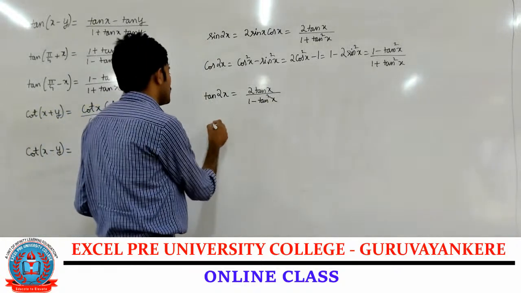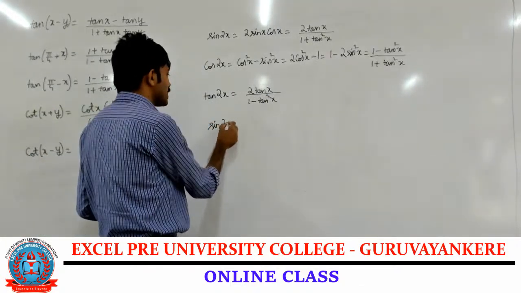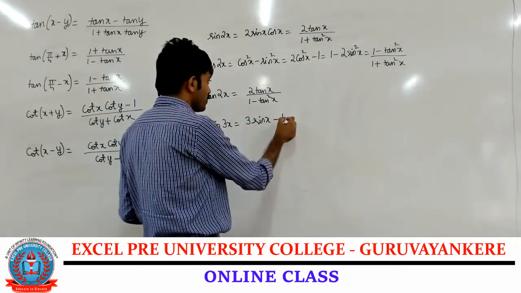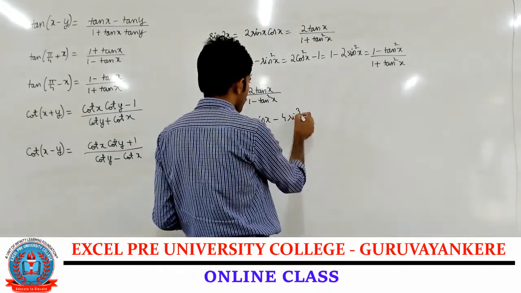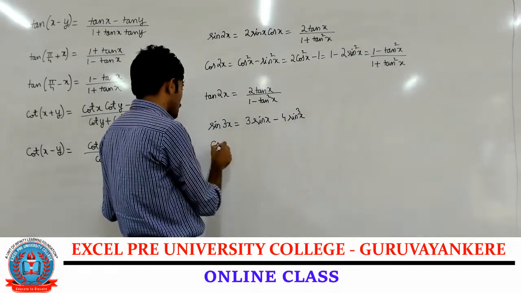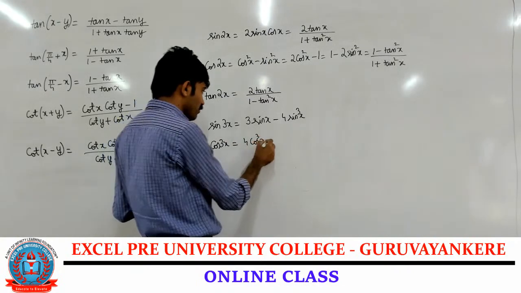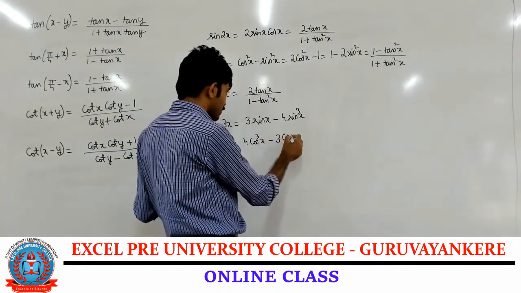Next we have sin 3x. Sin 3x is equal to 3 sin x minus 4 sin cube x. Cos 3x is equal to 4 cos cube x minus 3 cos x.